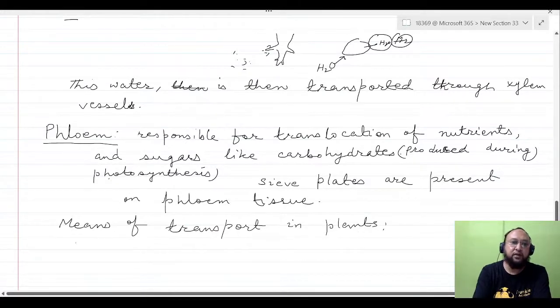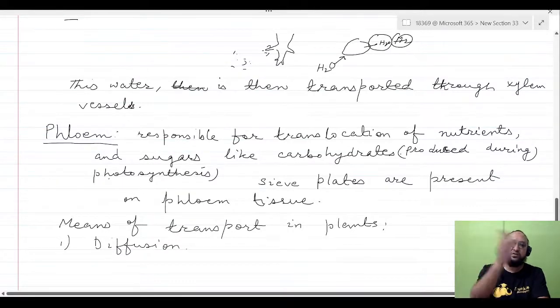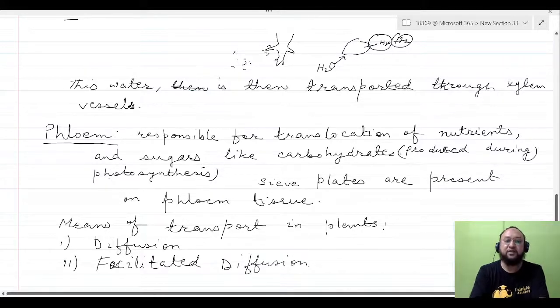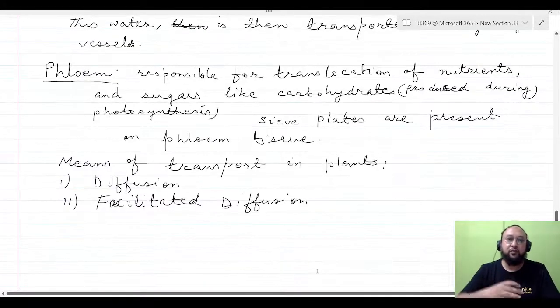Okay. Number one is simple diffusion. Diffusion is the movement of molecules from higher concentration to lower concentration. Number two is facilitated diffusion, where some kind of channel or specialized structure is there for the movement of molecules.